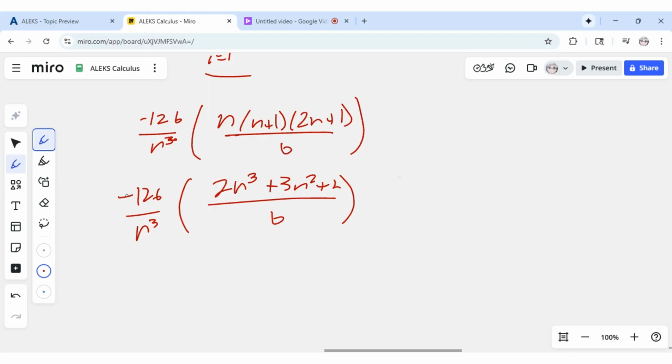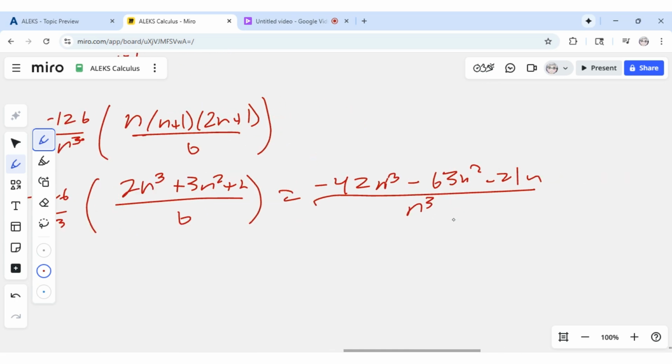Let's see, 126 divided by 6 is 21. So that's going to be negative 42 n cubed minus 63 n squared minus 21 n, and all of that is going to be over our n cubed. This is looking good. Now, with the n cubed, let's write these as separate terms.